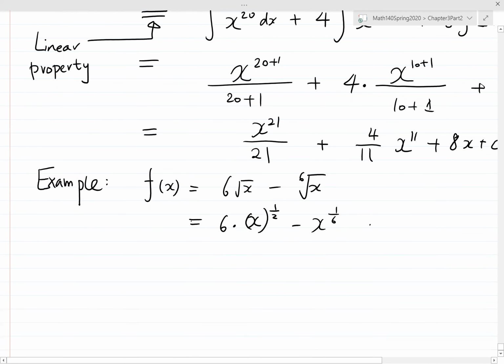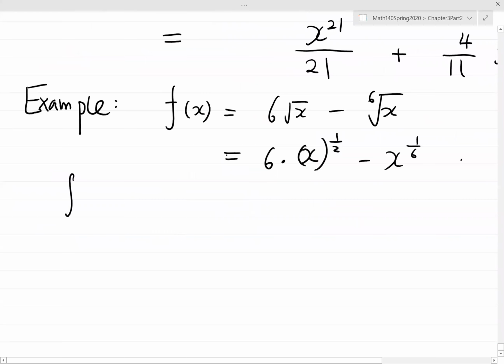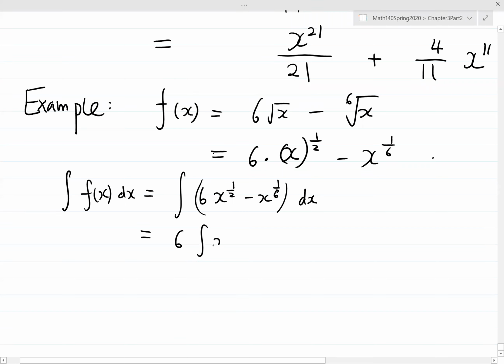Now to find the antiderivative, we use the power rule. We factor out the constant 6.